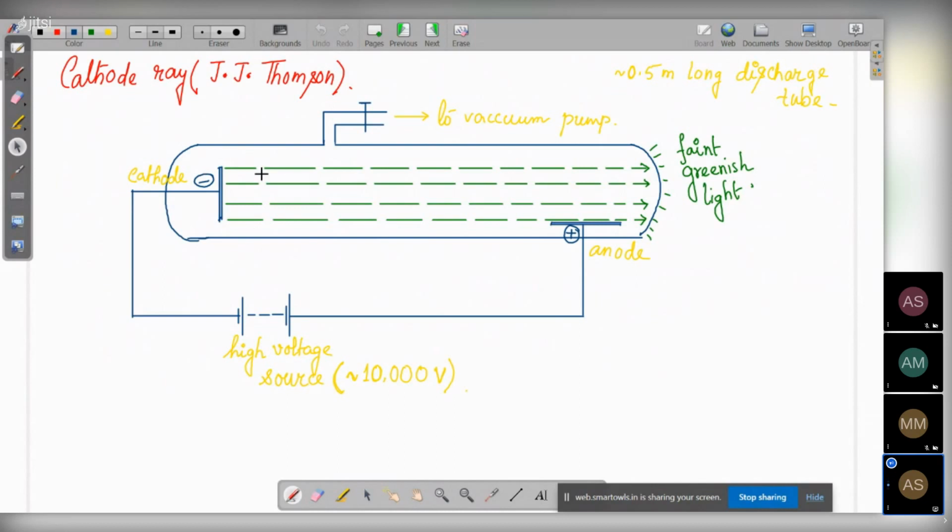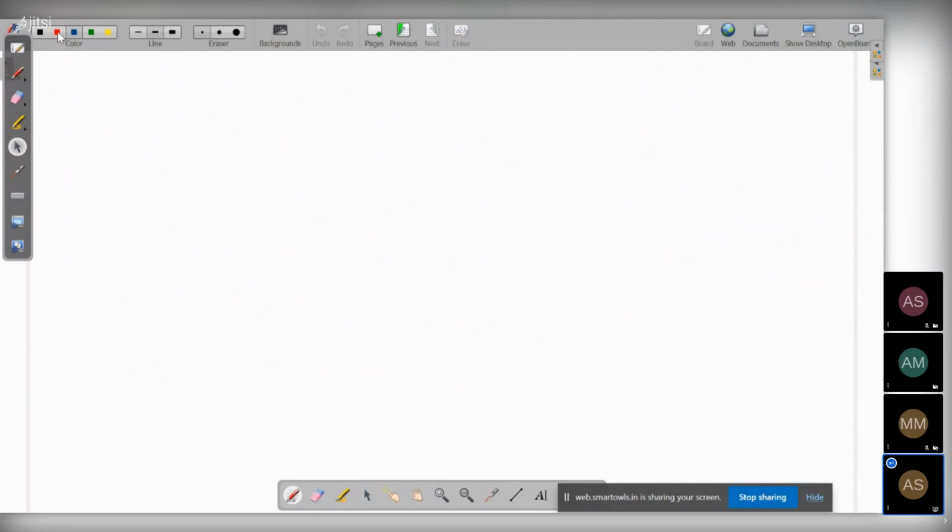Since they are coming out from the cathode, they must be called cathode rays. But a scientist's experiment does not end here. Once he found that something is coming out, he has to explain the properties of that cathode ray. So Thomson also did this experiment where he explained the properties of cathode rays.